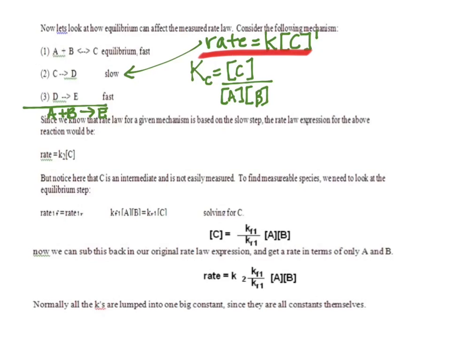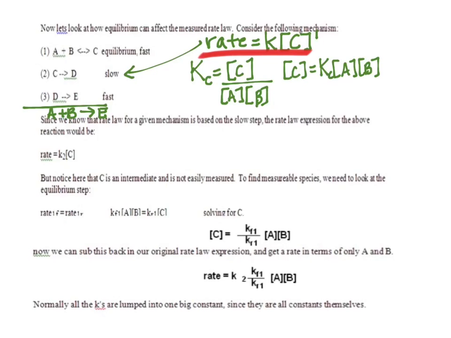How can I use what we just wrote to get that C out of there? Okay, so the concentration of C is equal to K times concentration of A times concentration of B. C is equal to the equilibrium constant times the concentration of A times the concentration of B.